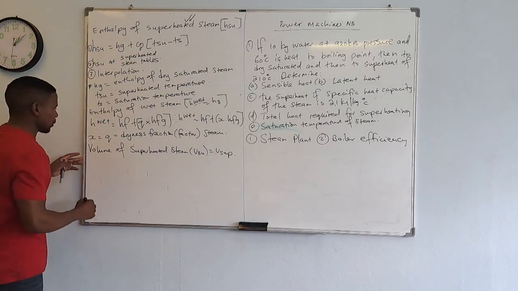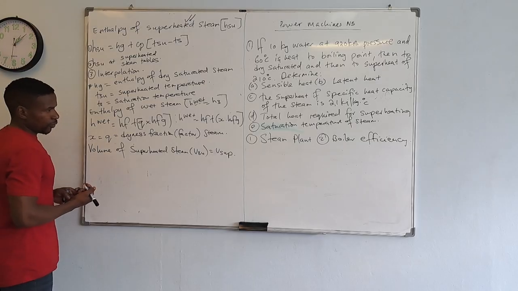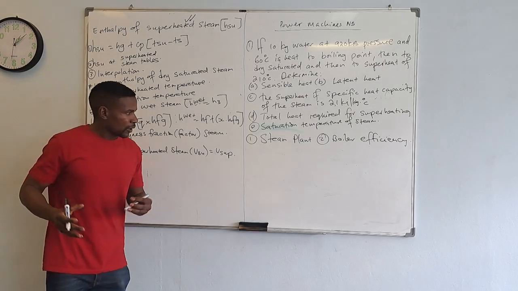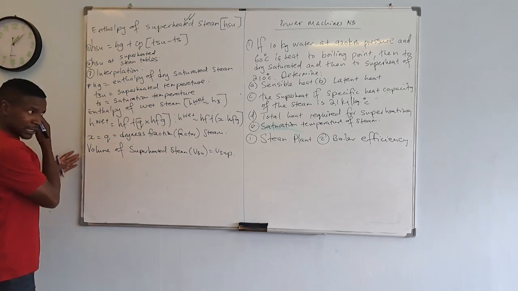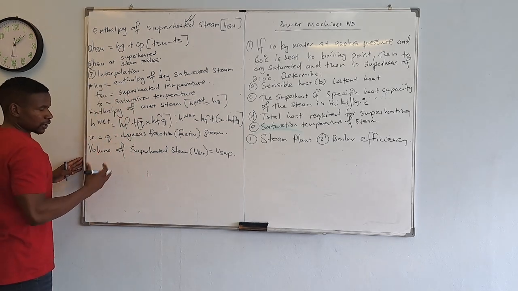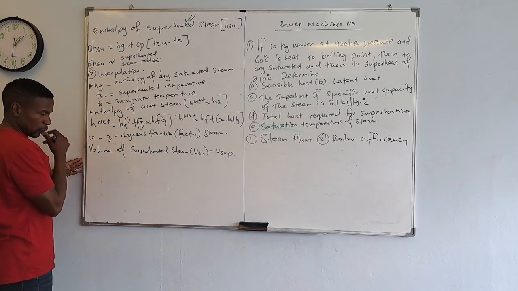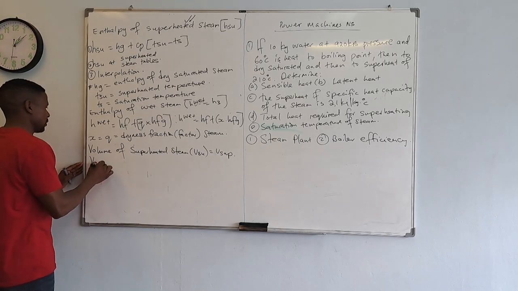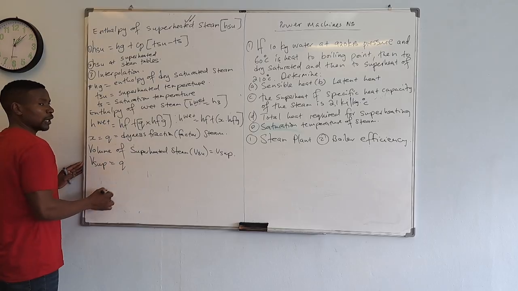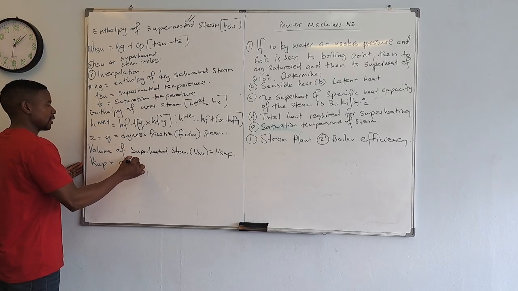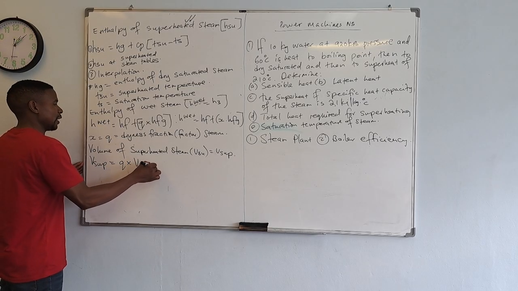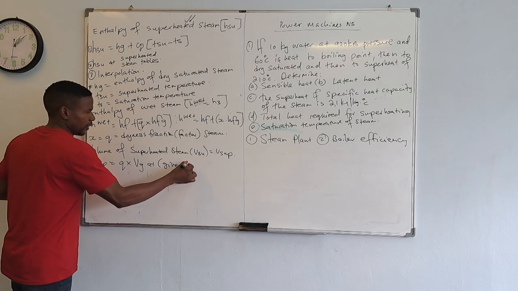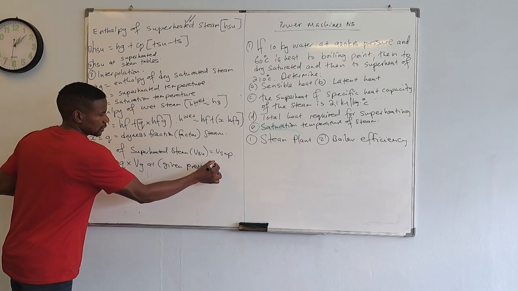We have quite a number of formulas, but the conditions of the question will give you a proper direction so that you'll know which formula you're supposed to choose. We can start from here: V superheated equals Q times Vg at whatever given pressure.